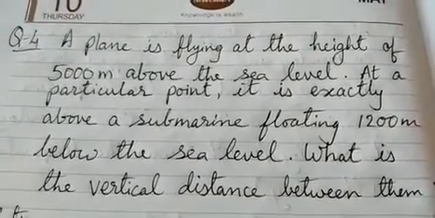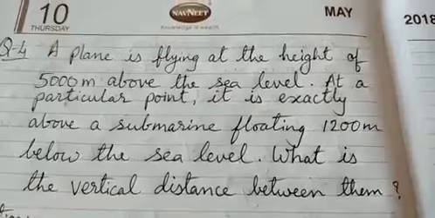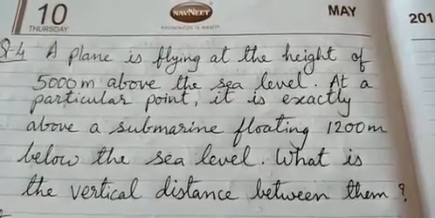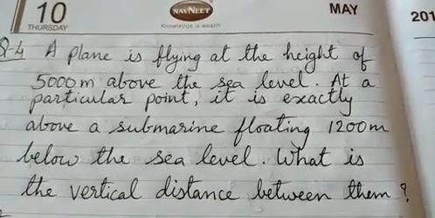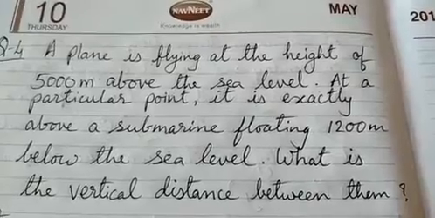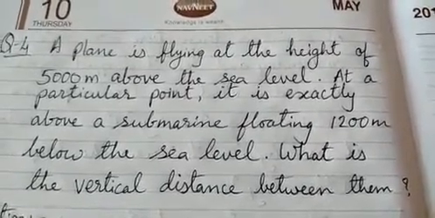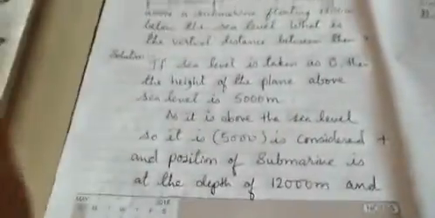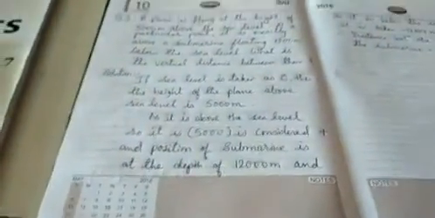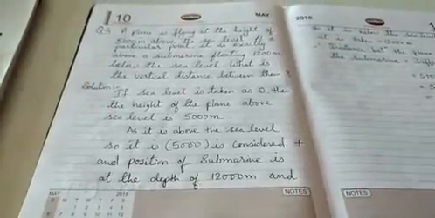At a particular point, it is exactly above a submarine floating 1200 meters below the sea level. What is the vertical distance between them? So here I have done the sum, but I can explain you the sum in a better way if I draw the picture for you.